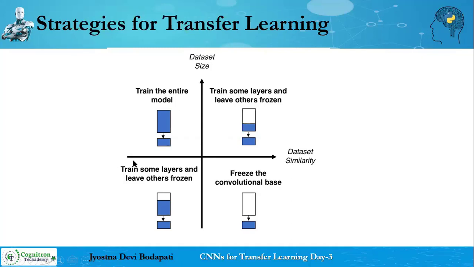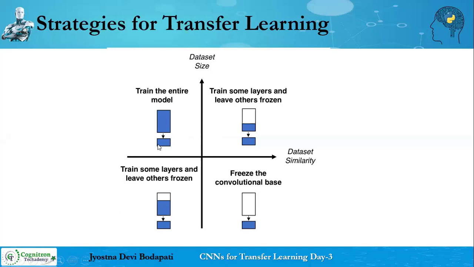I repeat, dataset similarity indicates your dataset and the ImageNet dataset are not the same. That's the meaning of it. So the dataset similarity is very low because I am on the left side of the x-axis, and because I am on the top of the y-axis, that indicates I have enough data to train the model.